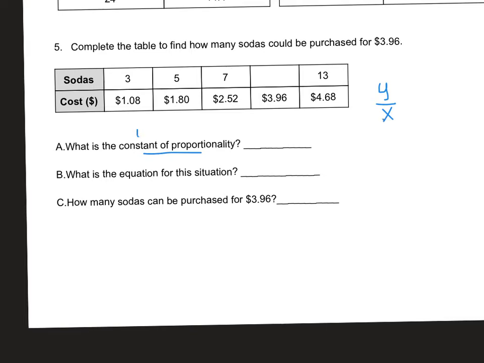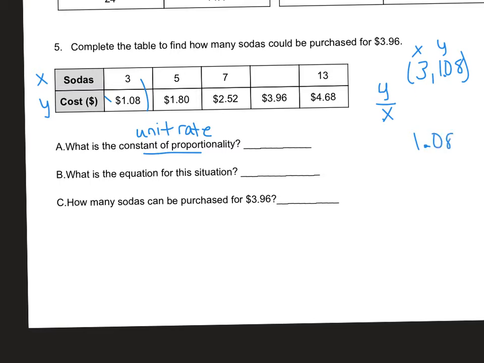Many of you saw the connection between the constant of proportionality and the unit rate in class as well. So if this is the cost of 3 sodas, this is one of my ordered pairs. So I have 3 sodas that cost $1.08. I want to see what 1 soda costs me.